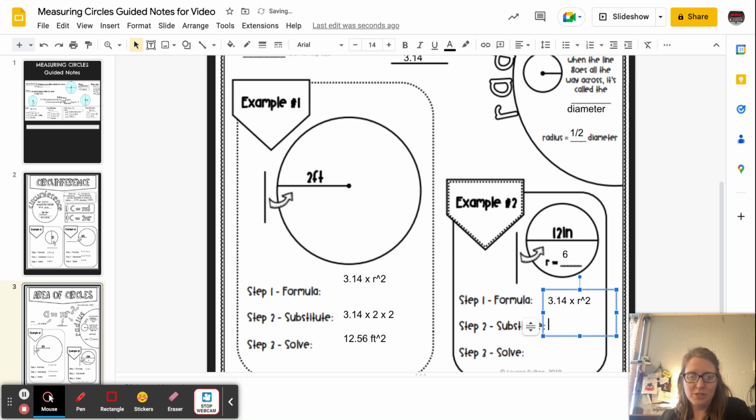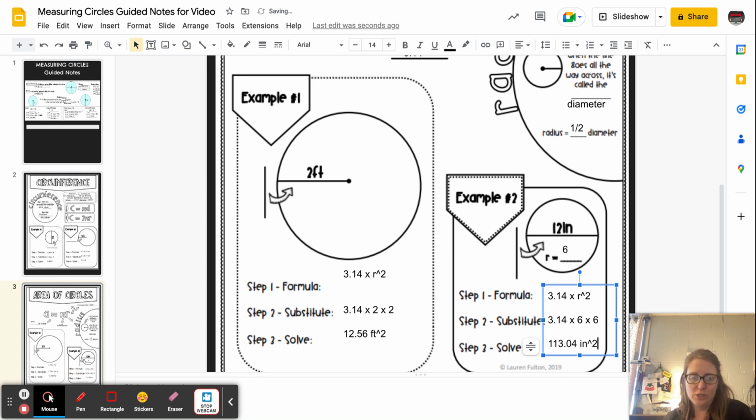Okay, now we're going to substitute ours in, 3.14 times our radius of 6, and we're going to do 6 squared, so 6 times 6. And we know 6 times 6 is 36, so we're going to do 3.14 times 36, and that is 113.04. And this one is inches, and it's inches to the second power, inches squared.